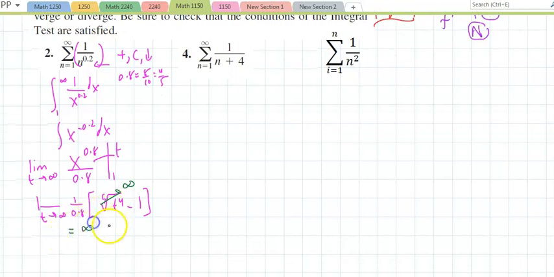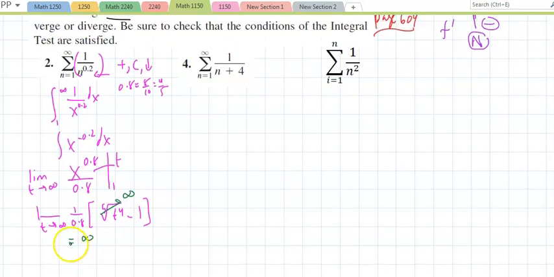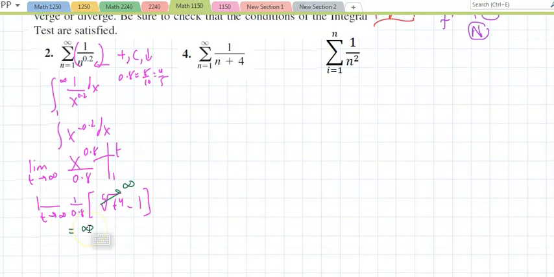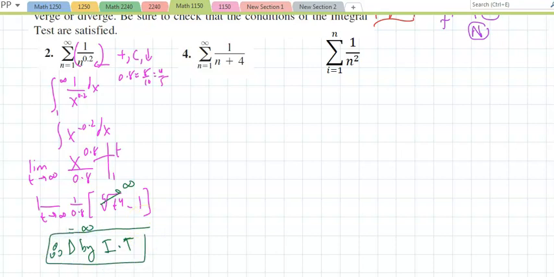So if this is infinity, what does that mean? Therefore, this series diverges by the integral test. And there it is. Anytime you quote the integral test, I need to see that you satisfied those three.